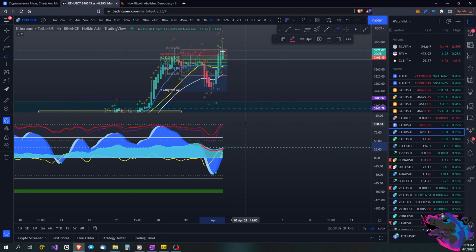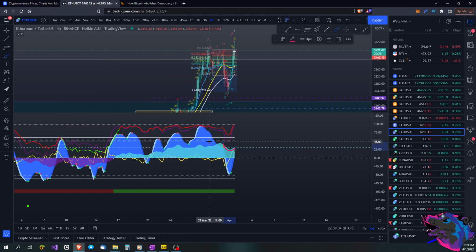So we'll see. Is this going to be the peak on the money flow right there? Tough to say. RSIs are up pretty high, despite momentum only being right here.